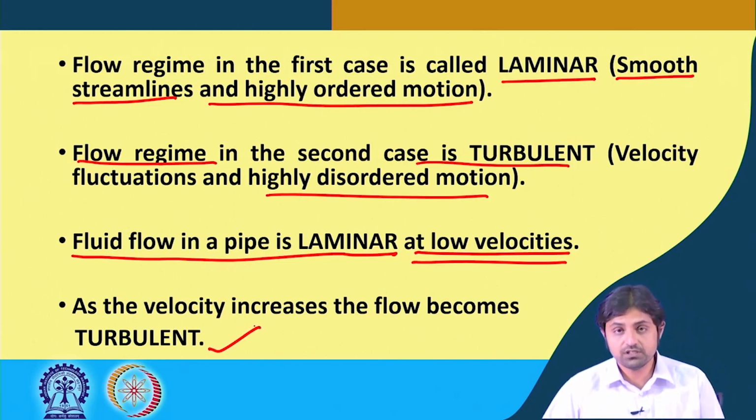So, higher velocities are associated with turbulent flow and lower velocities are associated with laminar flows. This is the most general thing, but it also depends on some other parameters which we will see in the upcoming slides. So, whether the flow is laminar or turbulent does not only depend on the velocities.